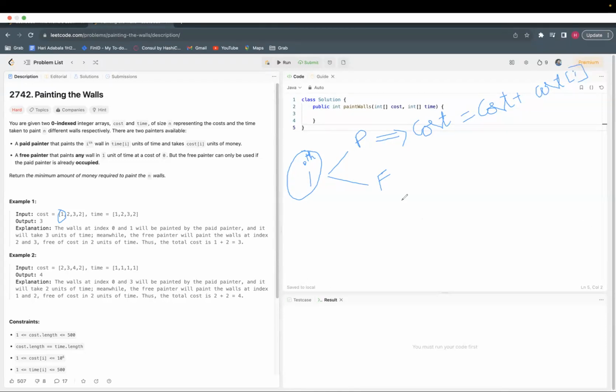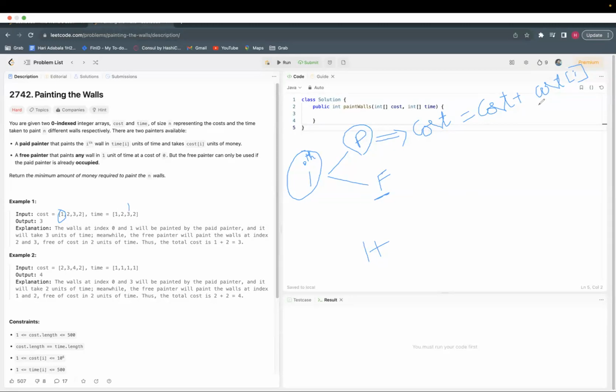And if that painter is painting some wall at the ith index, how many total walls will be painted by that time? While the paid painter is painting that particular ith index wall, the free painter can paint walls in that time.